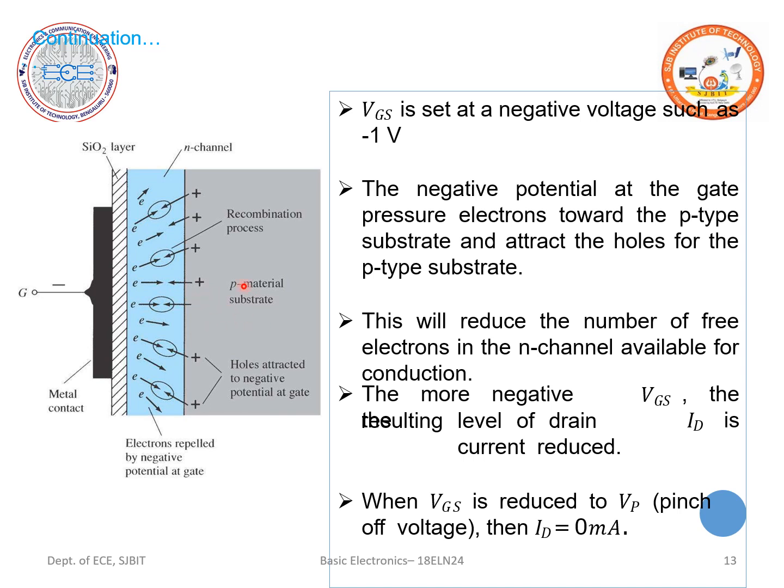So, the greater the gate potential, the lower the channel resistance, and the higher the drain current ID. This process is referred to as enhancement, and the resulting device is called an enhancement type MOSFET, right? So this is about the enhancement type MOSFET.